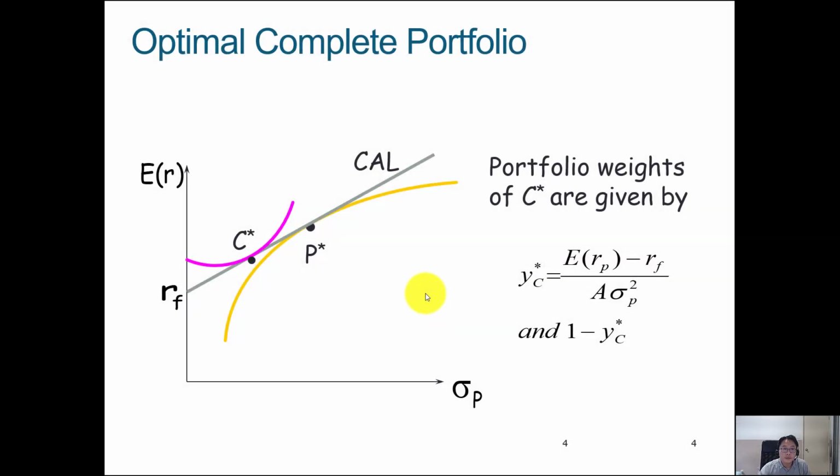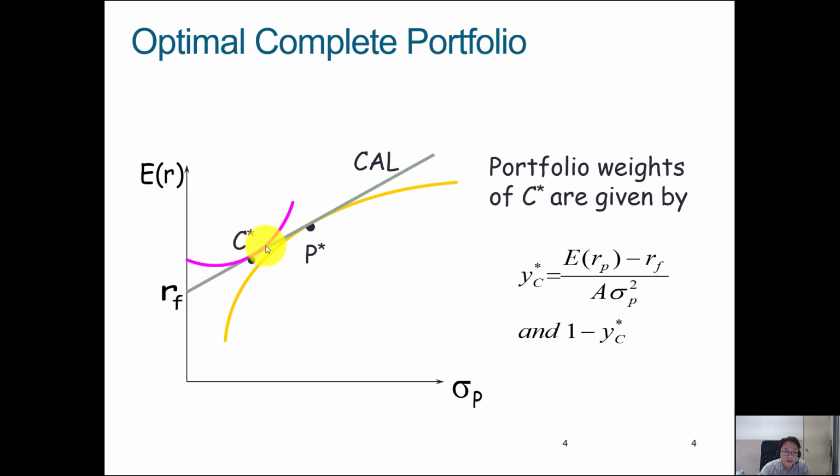All right. So what do we mean when we talk about the optimal complete portfolio? Think of it this way: you have a two-asset portfolio. One asset is the risk-free asset, and the other asset is the market portfolio. The market portfolio is given by this orange line, and the risk-free asset sits over here.